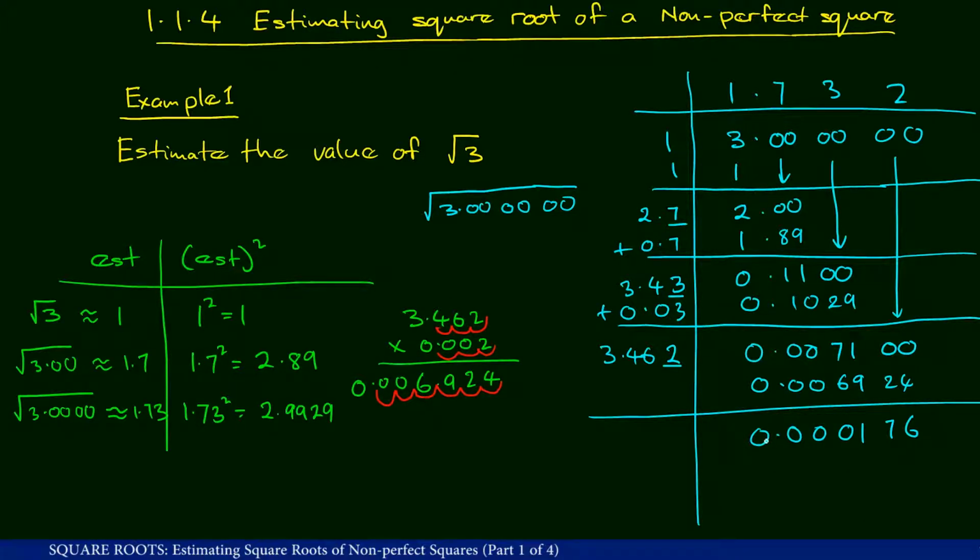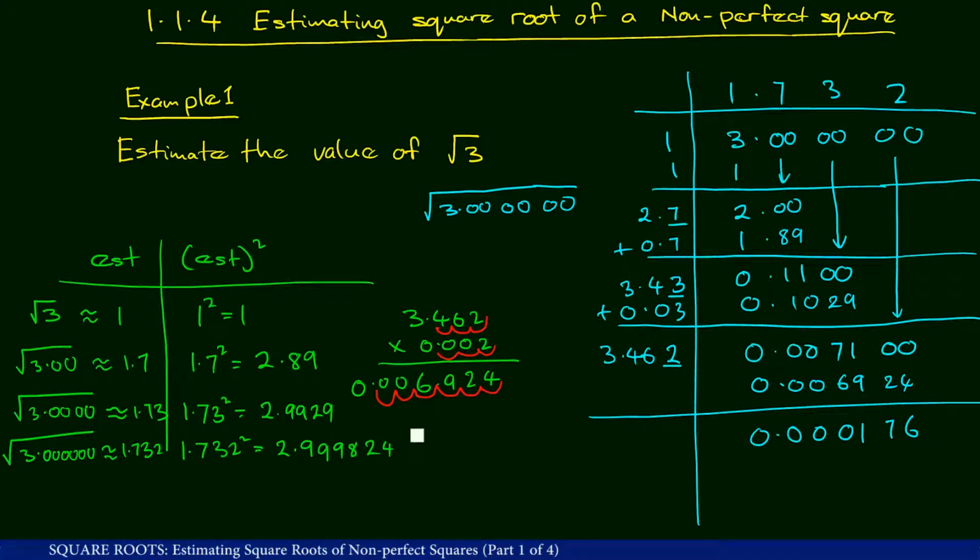So this is our new estimation, which is square root of 3.000000, which stands at 1.732. So what is the square of our estimations? 1.732 squared is equal to 2.999824.